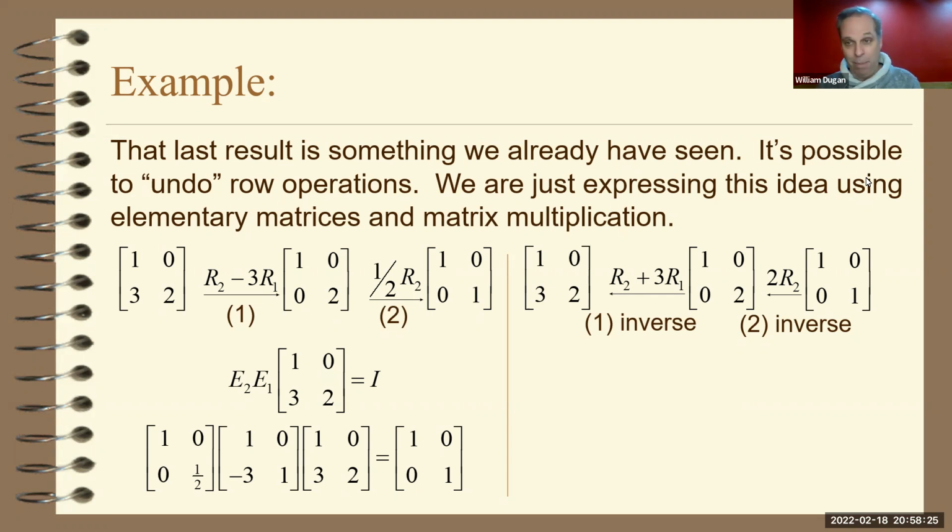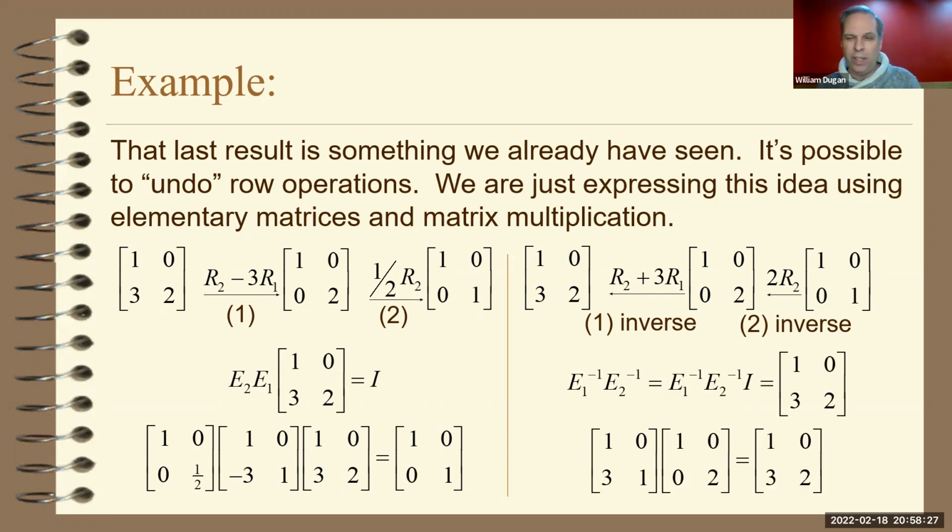But symbolically, that means that all I did was apply certain row operations to the identity, which can be expressed as matrix multiplication. They just happen to be the inverse row operations, and therefore the matrices are the corresponding elementary matrices for those inverse row operations. So that's what I did down here for you.